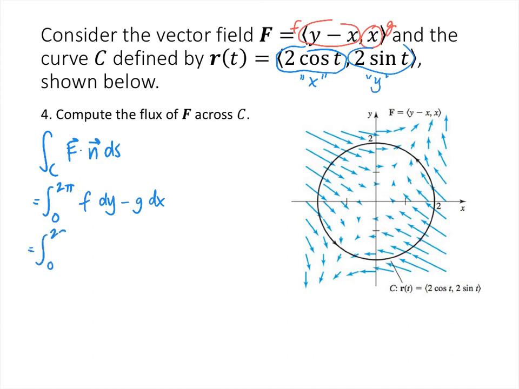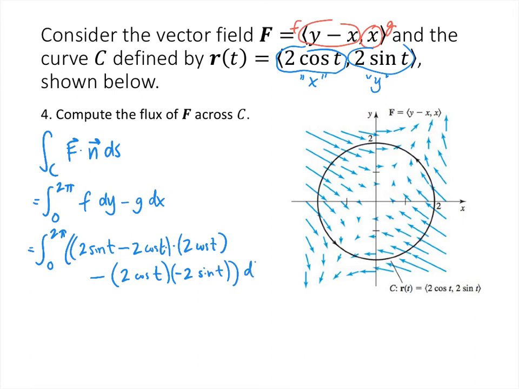So f dy. Well, f is y minus x, so that's going to be 2 sin t minus 2 cos t. And then dy, that's going to be the derivative of y, which is 2 cos t. And then minus g, which is x, which is 2 cos t, times dx, which is the derivative of 2 cos t, which is negative 2 sin t.